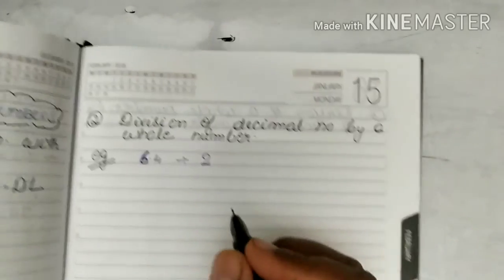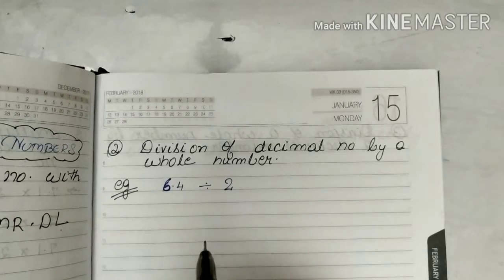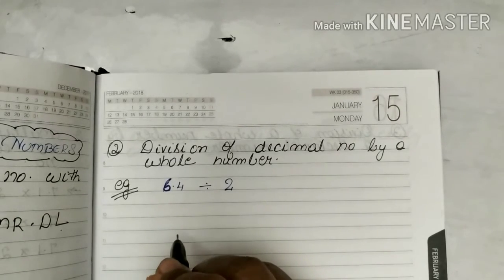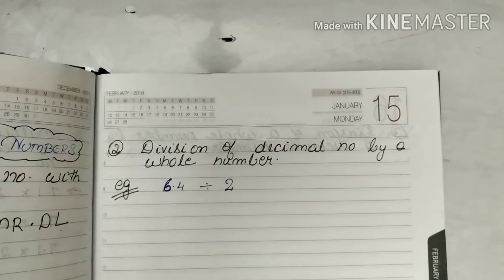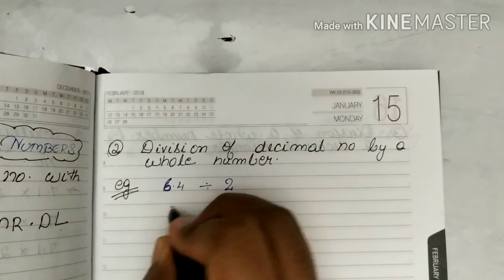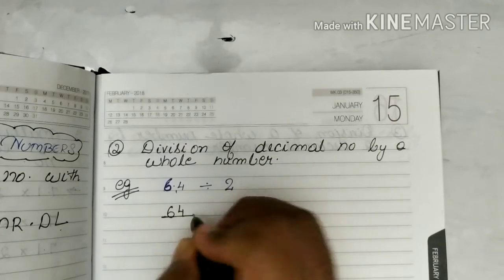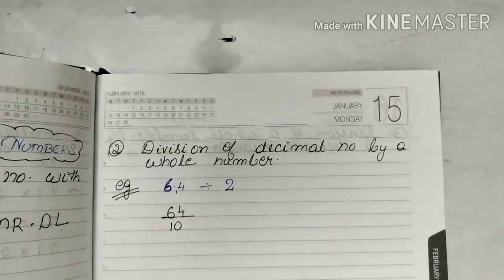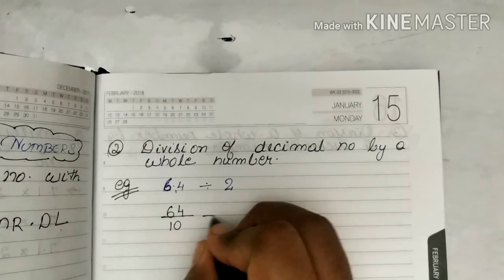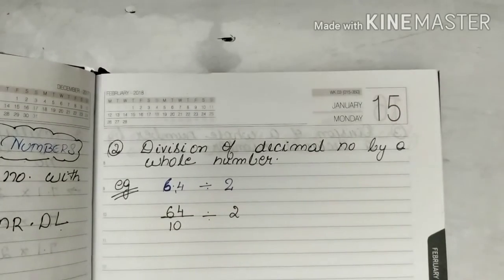I'm telling you the simplest method. There are other methods also, but this is the simplest and better method that you can use. So we'll write 6.4 as 64 divided by 10, and then divided by 2.